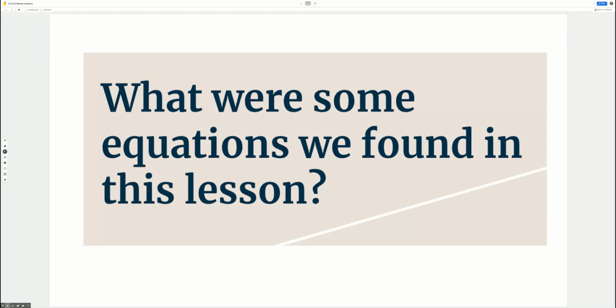So what's interesting here, it says, what are some equations we found in this lesson? And I just wanted to take a quick moment and relate this to the constant of proportionality equation, where y equals k, which is our constant, times x. And in this situation, our x was the number of tickets, and the y was how much money we made. So the equation for this was simply y, meaning total amount of money, equals $62.20 times the unknown number of tickets.